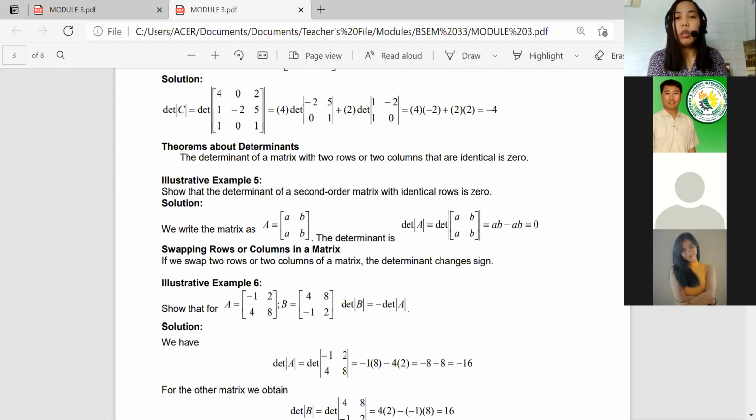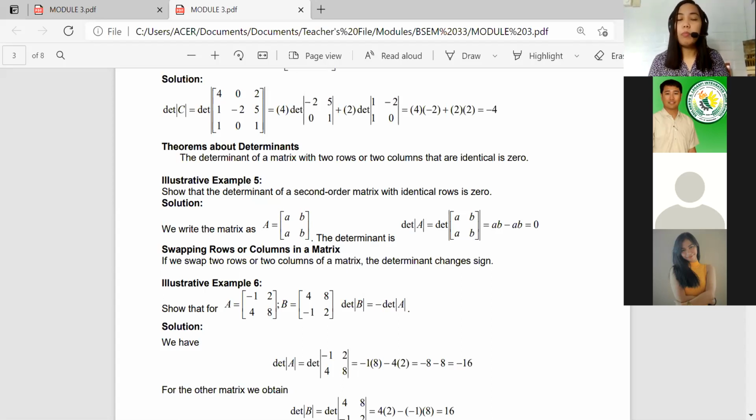Yung second row dito, first column dito, ibig sabihin, pinagpalit mo lang sila. This is matrix A. Okay, so pagdating sa matrix B, swap nitong dalawa. Your row 1 become your row 2, your row 2 becomes row 1.